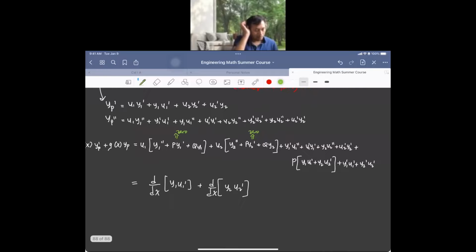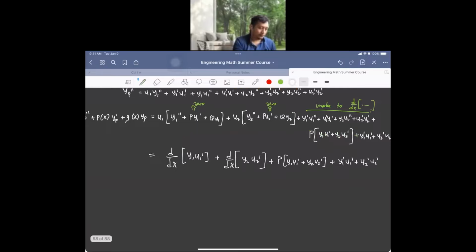So we can make a more structured form from here. So plus p, plus y1 prime u1 prime plus y2 prime u2 prime. Yeah, make two d/dx forms.